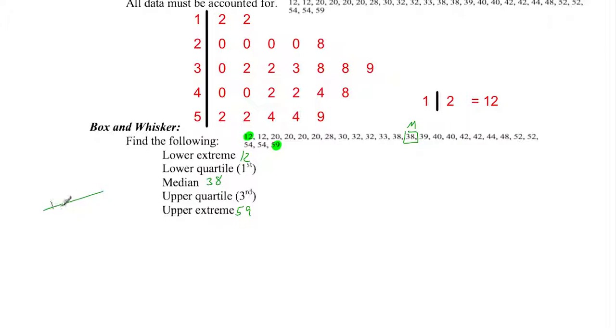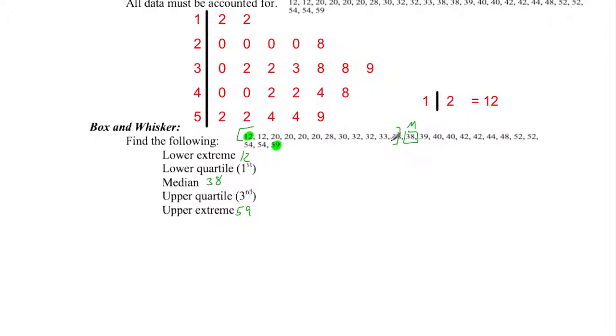Rather than eyeballing it and saying, oh, that's about fourths, a more effective way is to cut it in half and then cut those halves in half. And those look pretty good, actually. So I cut this set of numbers in half, and now I look at those respective halves and cut them in half.